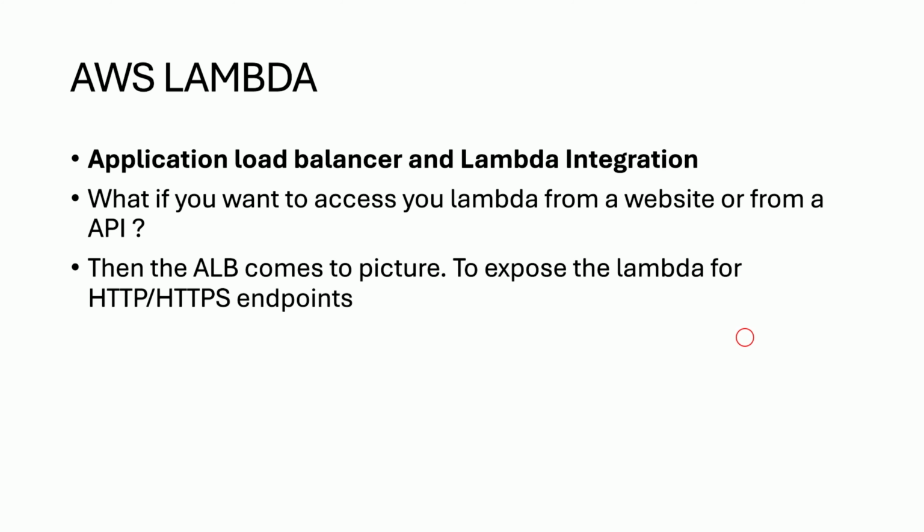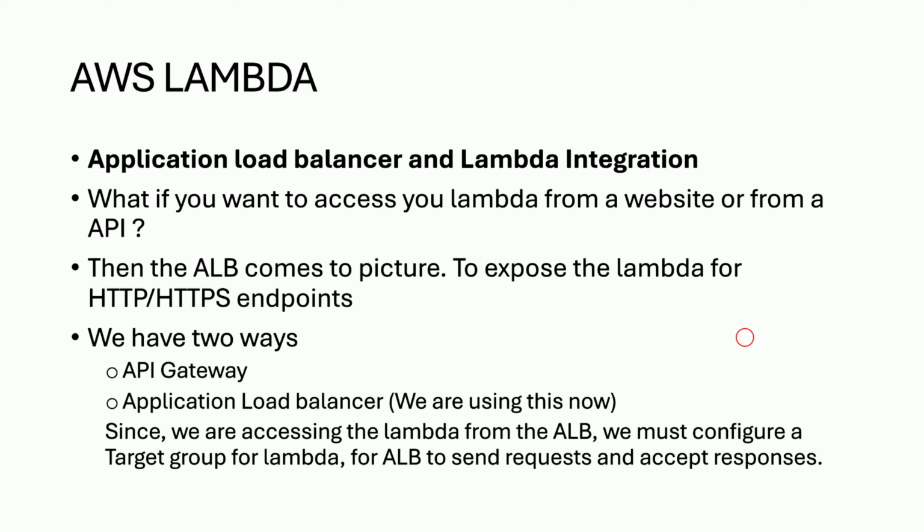The ALB will take that REST request and send it to the Lambda, and Lambda will send back the response, and the response is sent back from the application load balancer to the client. So that is how the ALB will work. Now for synchronously invoking Lambda from the outside world, maybe API calls or from a website, we have two ways. One is using API Gateway and the other one is using application load balancer.